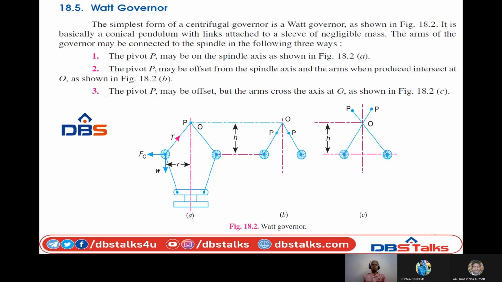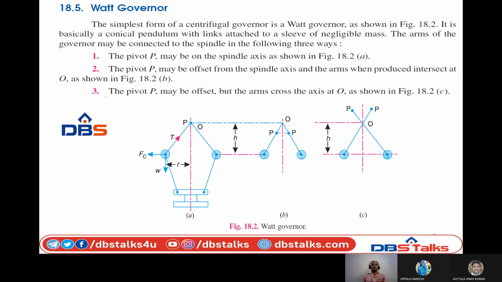If you project these two upward, they will be concentrated at O. That makes it a point, as we can show in A.